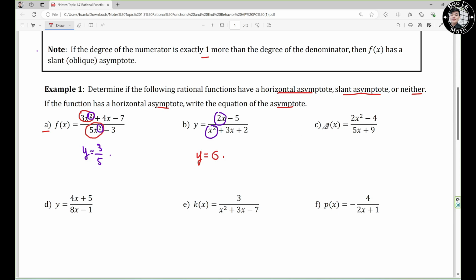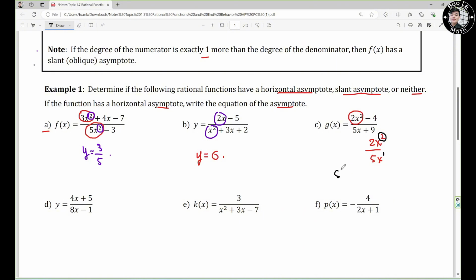Now look at question C. The leading term on the top is 2x squared, and the leading term on the bottom is 5x. The highest degree on the top is 2, and the highest degree on the bottom is 1. So the degree on the top is greater than the degree on the bottom by 1 unit. In this situation, we have a slant asymptote.